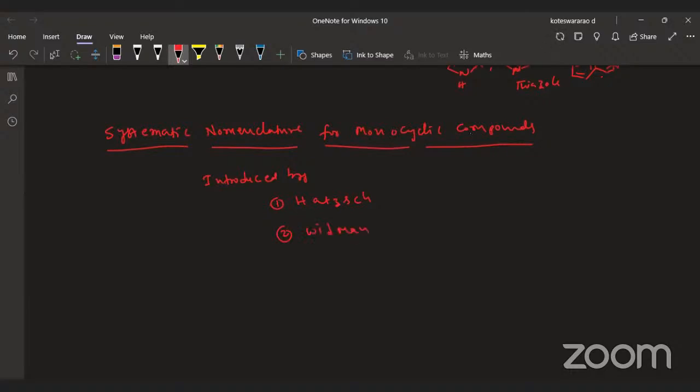These two scientists proposed the IUPAC name accordingly. It was first proposed by these two people. Later, it was improved by IUPAC.